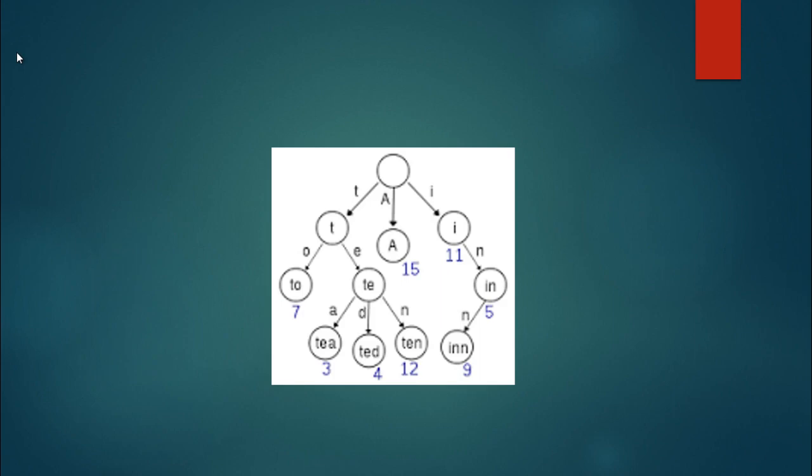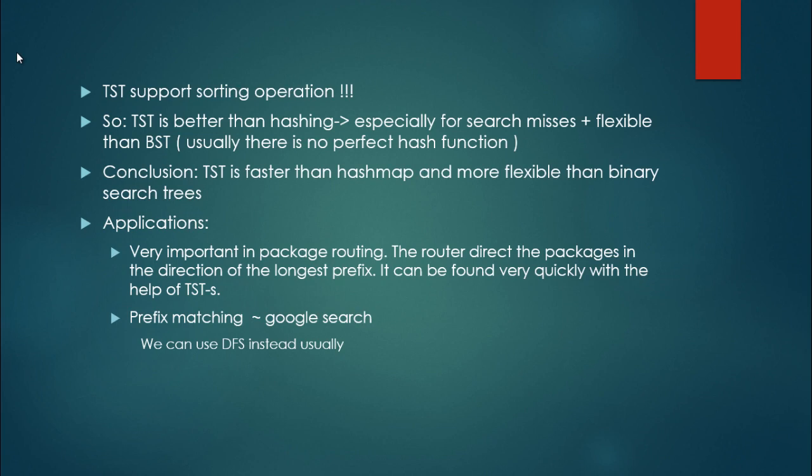So as we discussed, this is the trie data structure. This is not the ternary search tree. The ternary search tree supports sorting operation. It's very important because hash maps do not. So TST is better than hashing, especially for search misses, when we try to find something in our data structures that is not present.